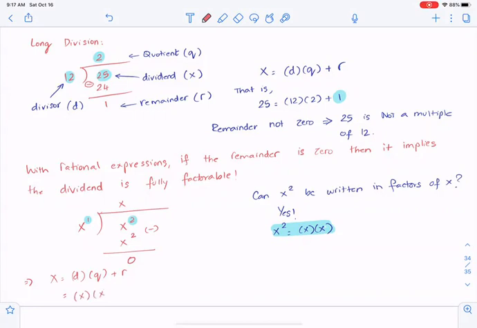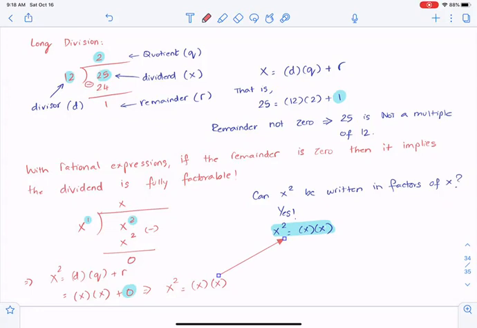The quotient is x. The remainder is 0. So you can see x squared is now factored as x times x, and it is fully factorable because the remainder is 0. That is in agreement with what we know already, that x squared can be factored as x times x.